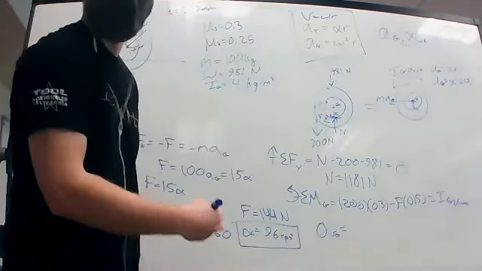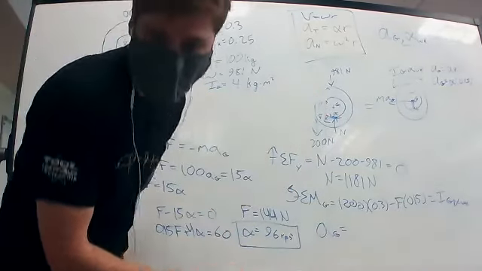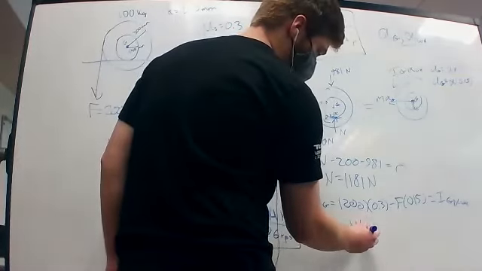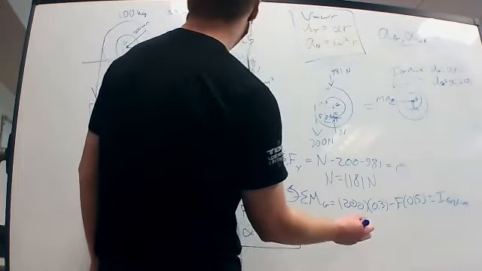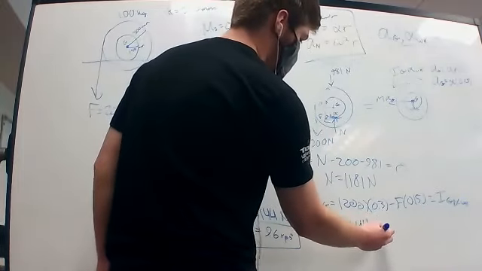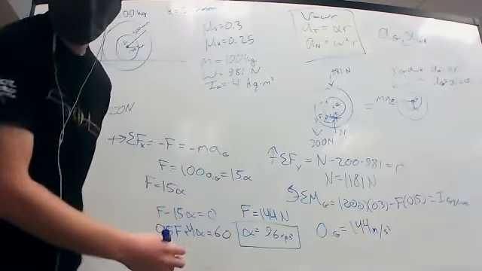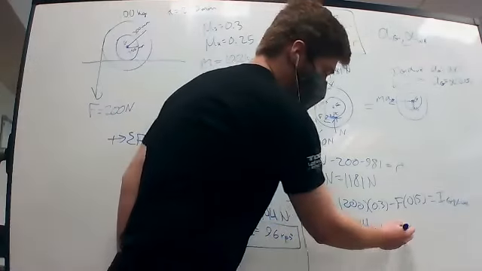And so that would be 9.6 times 0.15, which comes out to be 1.44 meters per second squared to the left.